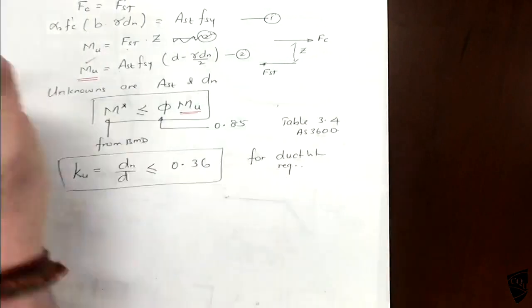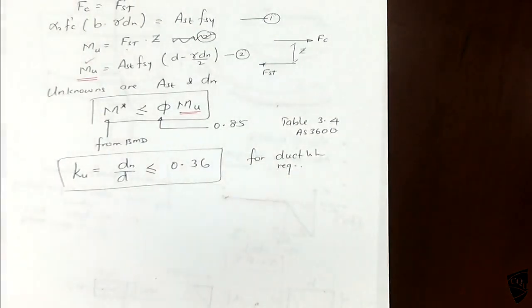This is for the ductility requirements of the beam. The standard says dn upon d should be less than 0.36. So you solve for dn and AST and check whether it is less than 0.36. If you provide too much steel, you will exceed this, so then you need to reduce it.